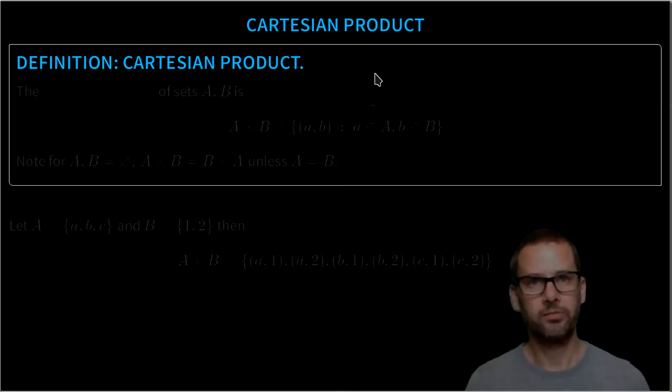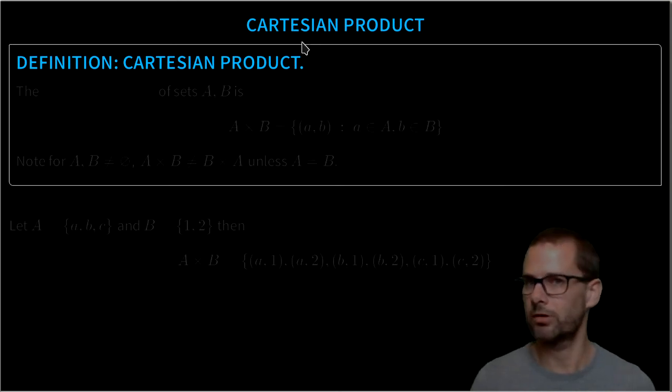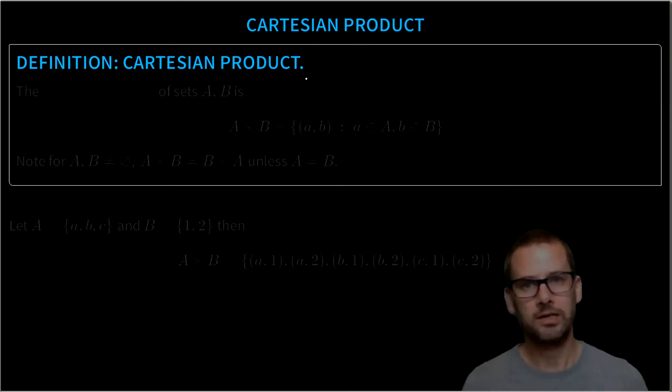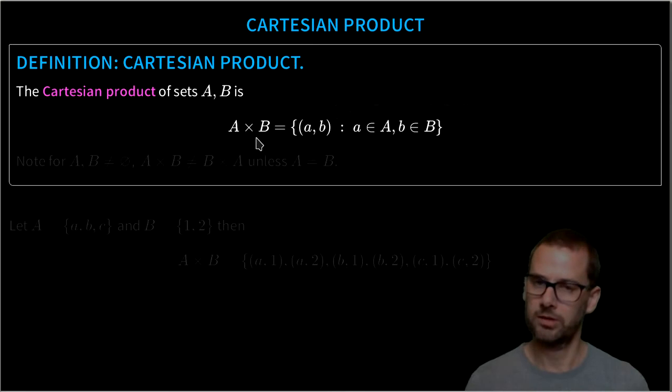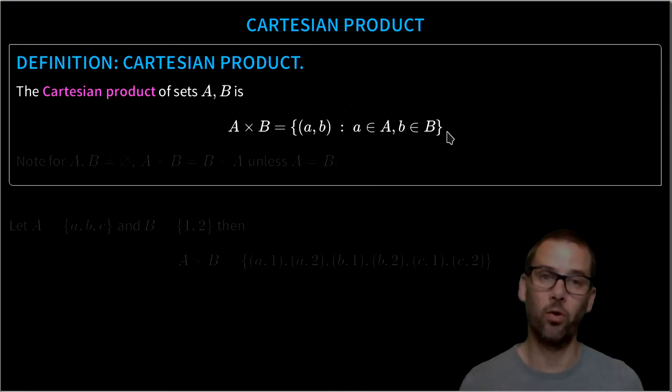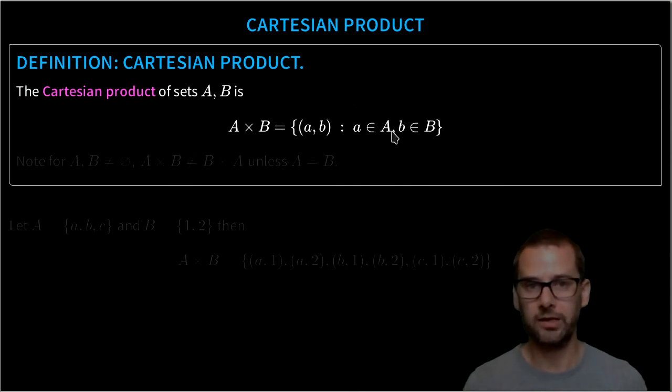So the Cartesian product, and again, this comes from the same origin as Cartesian plane. The Cartesian product of 2 sets A and B, so A times B, so we write this little cross multiplication sign, is the set of all ordered pairs where the first thing comes from A and the second thing comes from B. So all ordered pairs where the first thing comes from the first set, second thing comes from the second set.